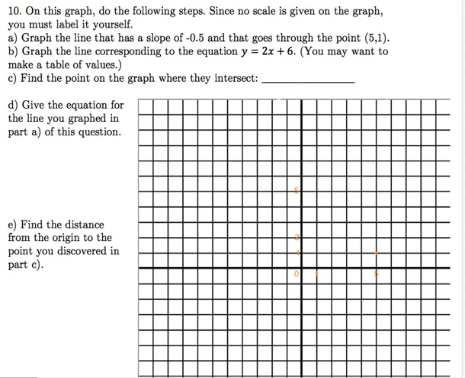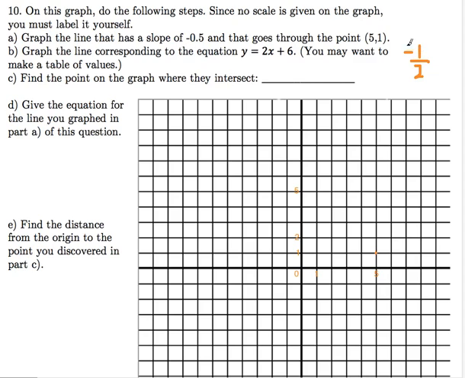Another way to think of a slope of minus 0.5, the way I like to think of it, is minus 1/2. Minus 0.5 and minus 1/2 are the same thing. The reason I write it like that is that to graph, I want to use this idea of rise over run.